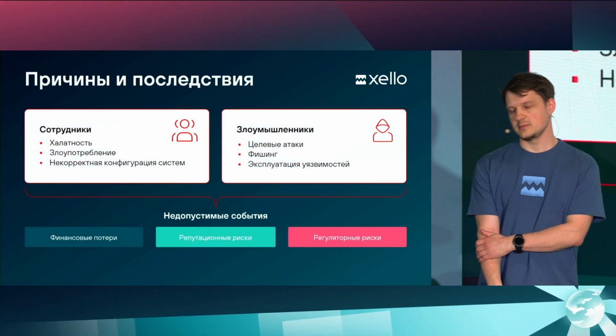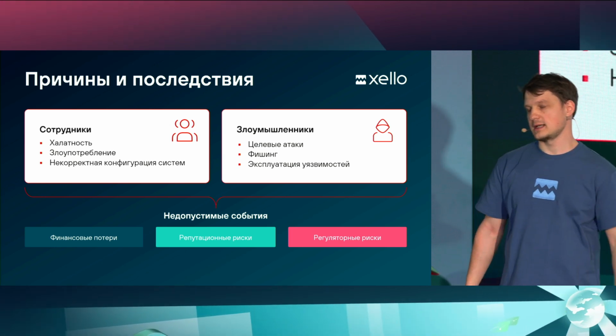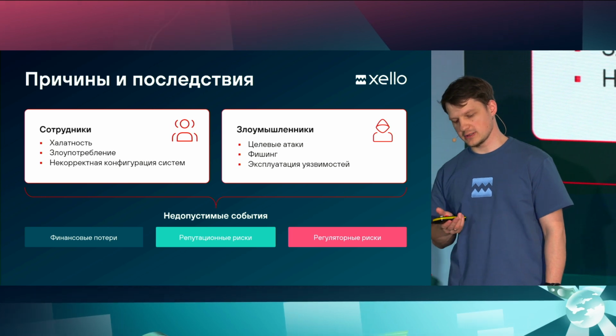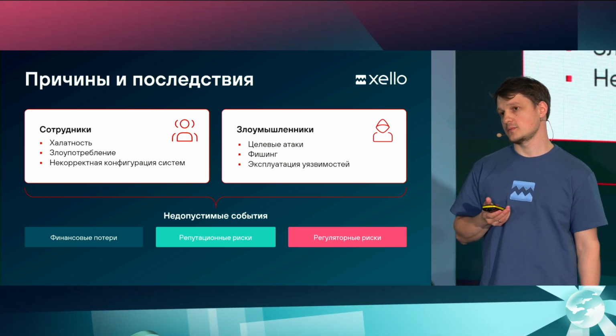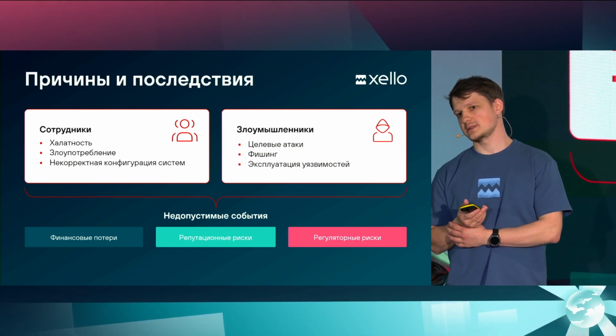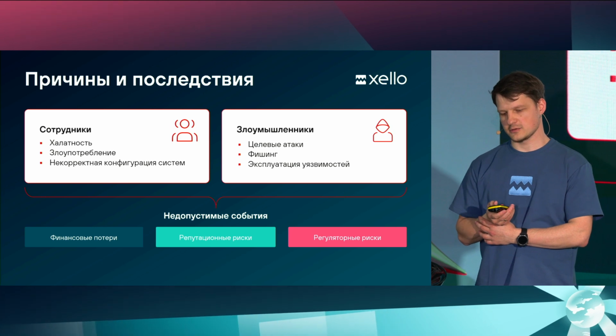As a result, if there is a malfunction or hacker attack, this leads to grievous events, financial losses, reputational risks, and problems with regulators, because personal data legislation is getting more and more strict, so it's a serious challenge.